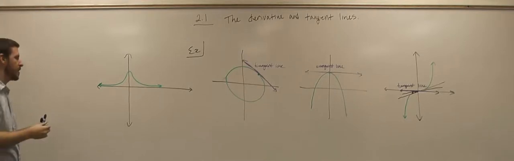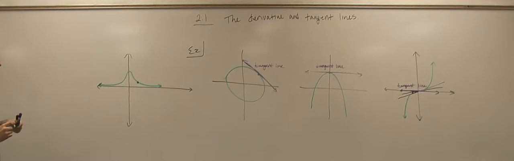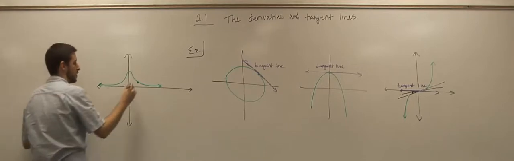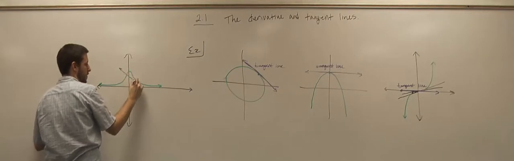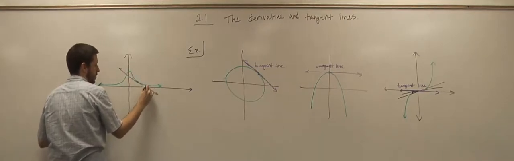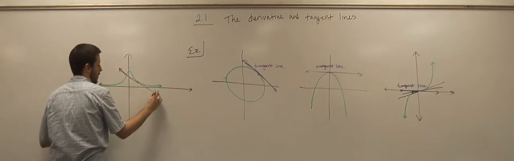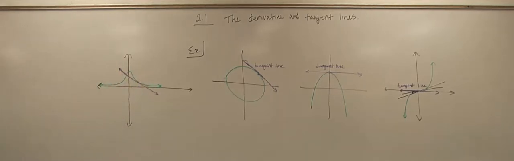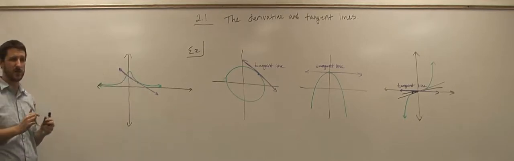Perfectly good function. And if I pick the tangent line at this point here, it's going to have to go under the graph just to kiss it there at one point. But as you can see, because of the shape of the graph later on, it actually goes through and hits the graph again. So this is the tangent line at this point, but it touches the graph twice.